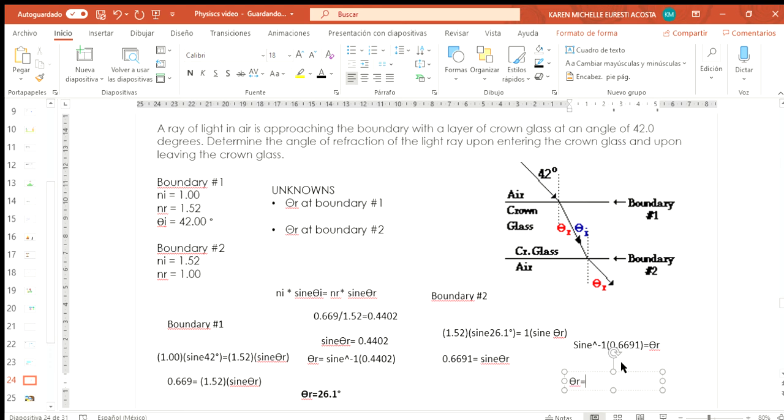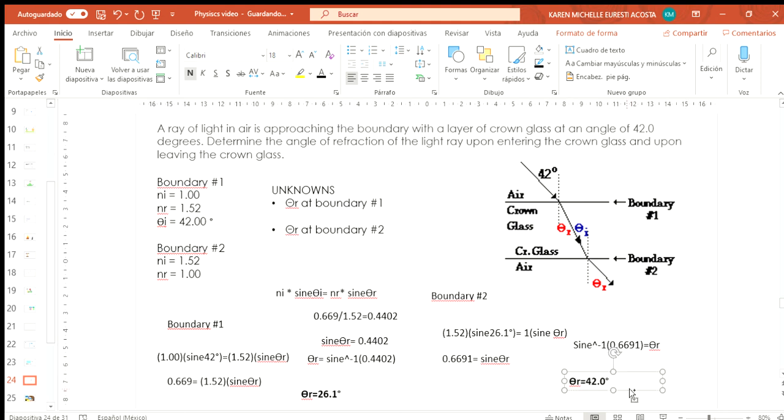Then we do the multiplication, and we have that the angle R is 42.0 degrees, and that will be our final answer for the unknowns.